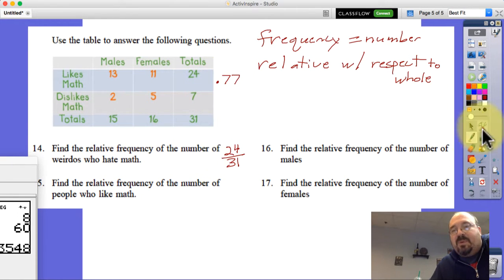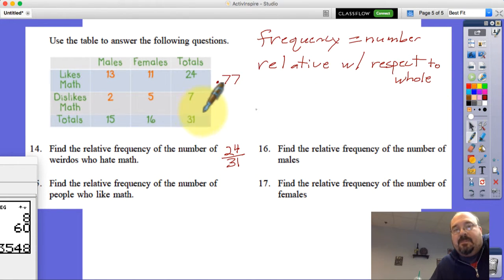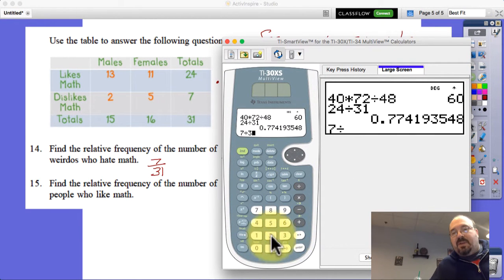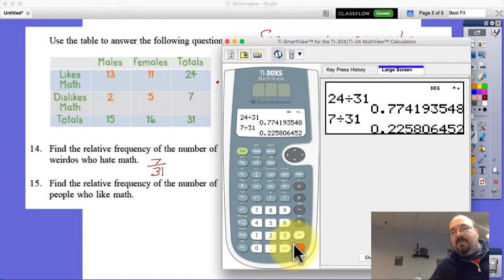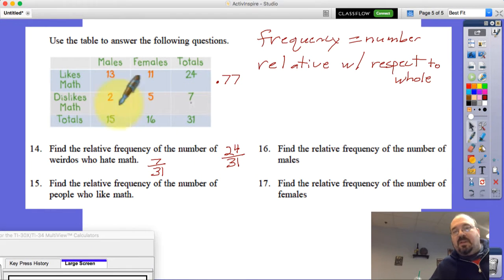The number of people who hate math would actually be 7 over 31. So I did that backwards. So to get that one, I'm going to divide again. 7 divided by 31, and that is 0.22. Okay? So the number of people who don't like it is actually 0.22.